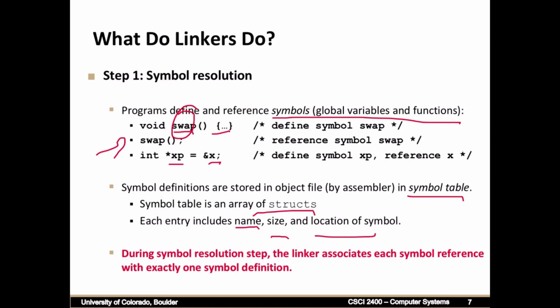The size is how many bytes this code is. And the location would be both the location where it is in the object file and later the location in the executable. During the symbol resolution step, the linker associates each symbol reference with exactly one symbol definition. In other words, there can only be one swap symbol in the combined program.